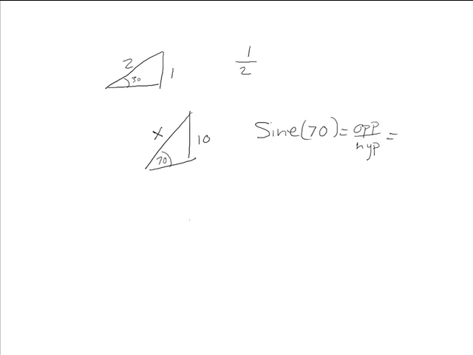Well, I know that the ratio of the opposite to the hypotenuse has to be equal to 10 over x. And that ratio has to be equal to the sine of 70 degrees. So 10 over x is equal to sine of 70. They're the same. Whatever the number is that goes on the bottom, it has to make this fraction equal to whatever we get when we put sine of 70 into our calculator. So let's do that really quick.